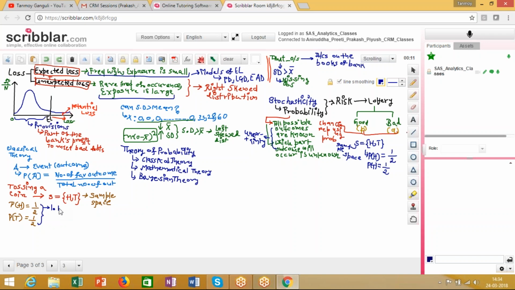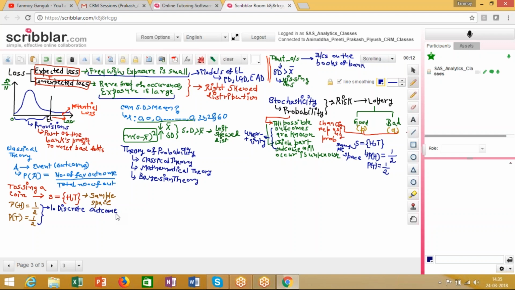So the outcome of the random experiment is discrete in nature.